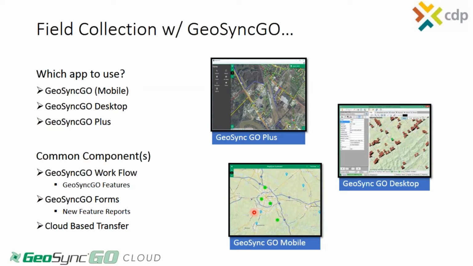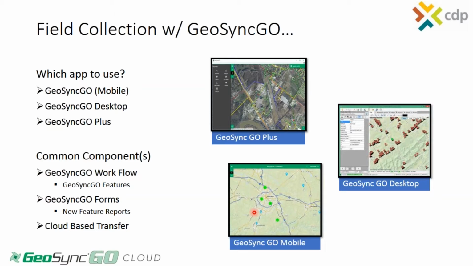Now, the reason we can do this is because of the common components of all these apps. The common components and the basis are our GeoSync GO workflow database. That's where we store our GeoSync GO features, so the workflow data, and our GeoSync GO forms. These are basically new feature reports.